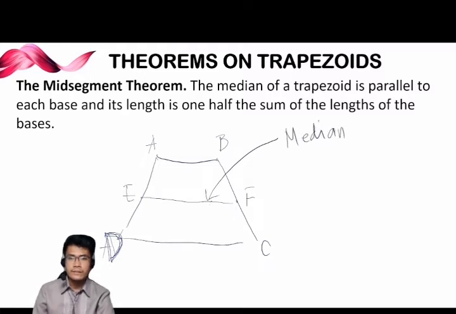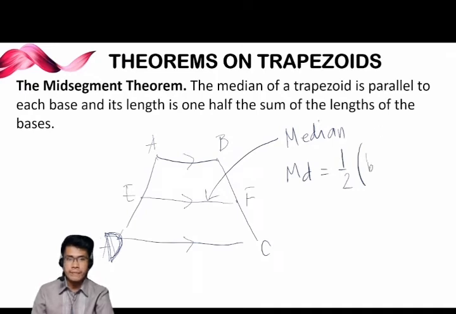Alright, the median. And the median is half the measure of the sum of the bases, or of the two bases. And this median is parallel to the two bases. Right? So once again, the median is parallel to the two bases of the trapezoid, and the measure of the median is 1/2 of the sum of the measures or lengths of the two bases.